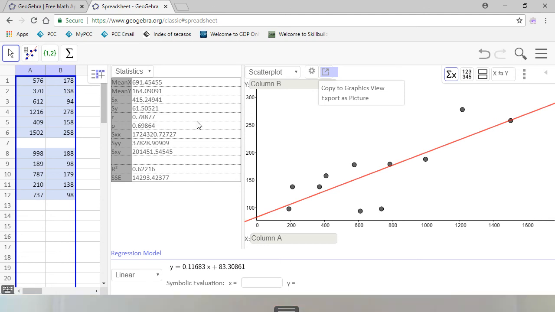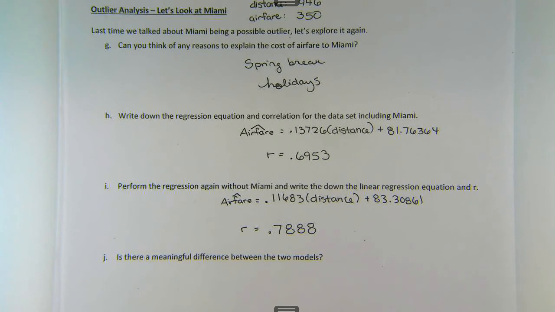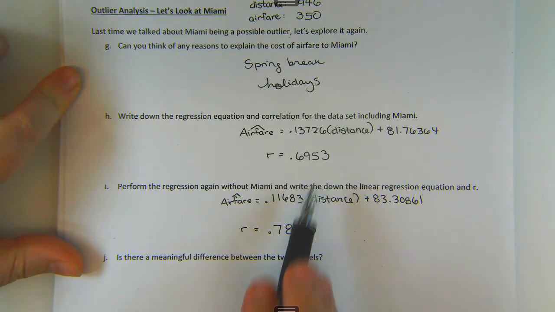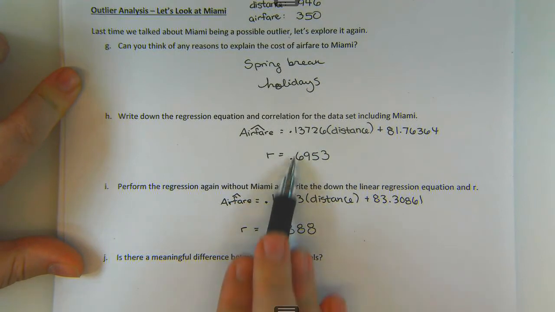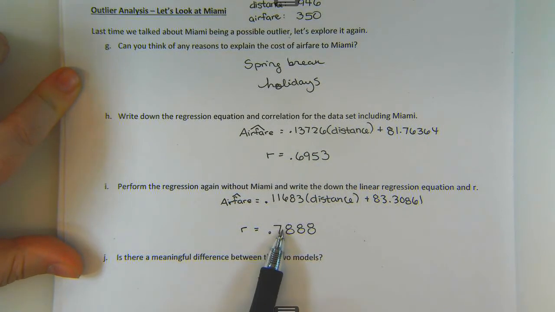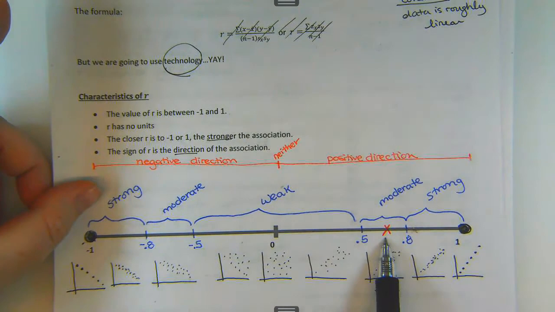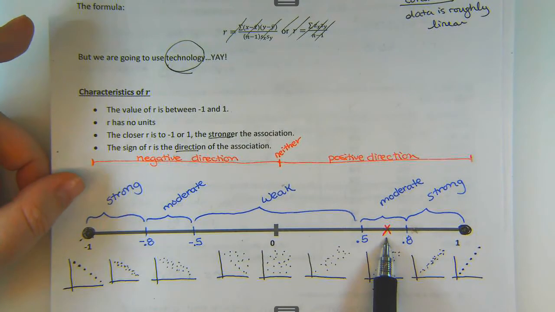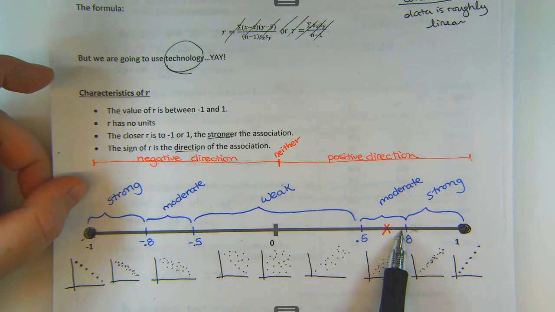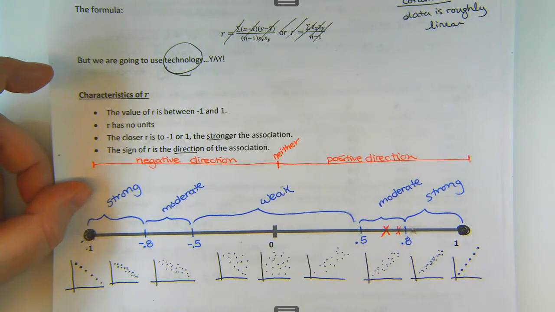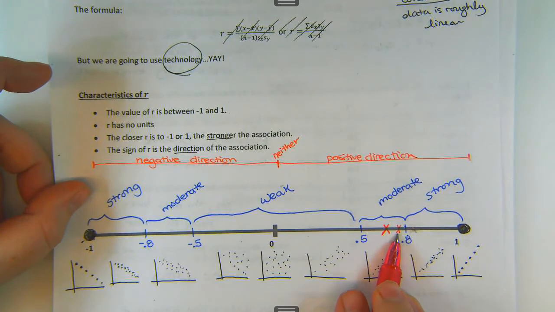So gathering this information with that potential outlier removed, what we want to do is compare these two models. And notice, is there anything meaningfully different between how we would describe the association between the two variables? Reflecting back on our number line for R, our 0.6953 was landing right there, and this 0.7888 is landing over here, almost at 0.8.